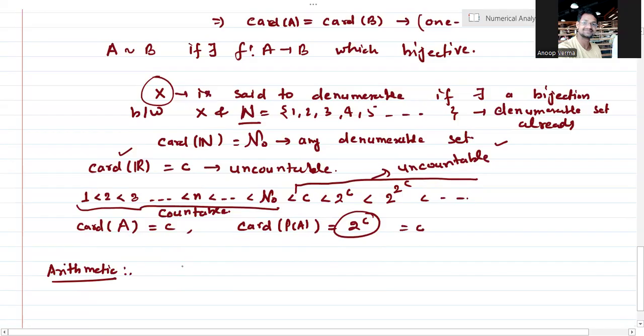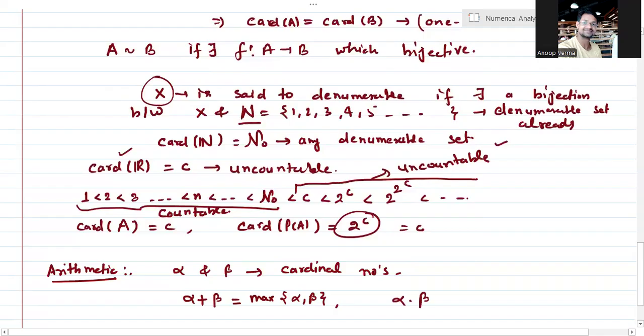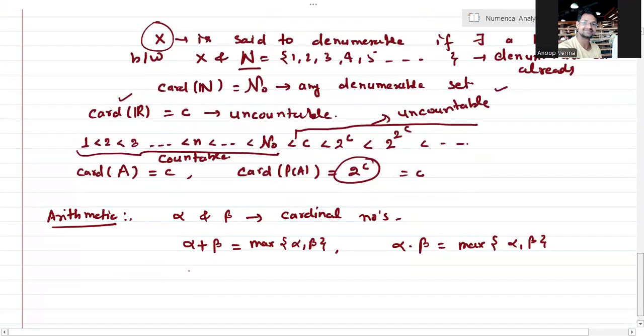Suppose alpha and beta are two cardinal numbers. If I add two cardinal numbers alpha and beta, the sum will be the maximum of them. The same holds if you multiply two cardinal numbers: the result is the maximum of alpha or beta. For example, what is the cardinality of C plus aleph naught?